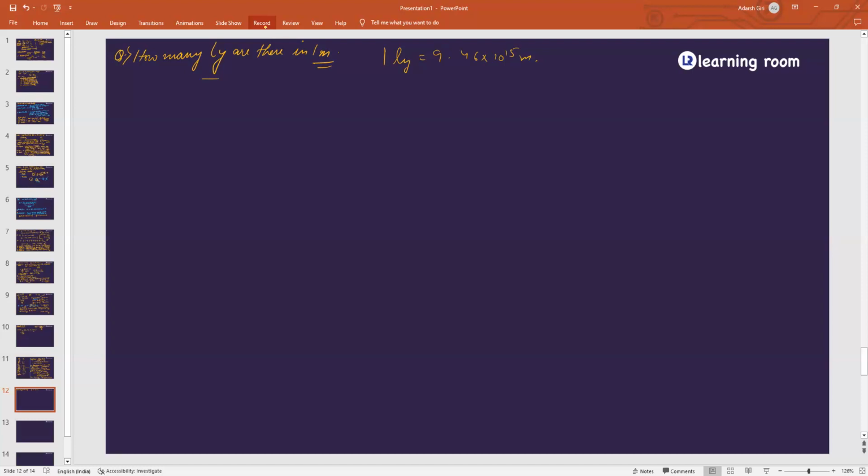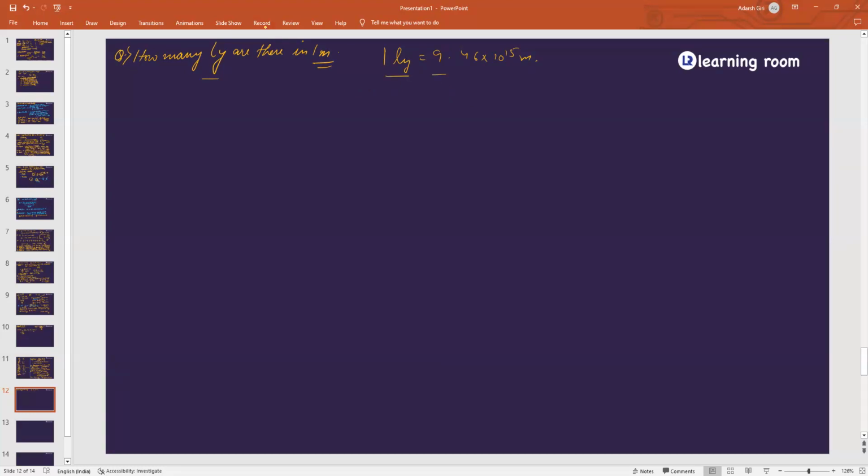1.07 into 10 power minus 16. That's correct. Actually, the answer is 1.05, but this is considerable. How did you do it? This was the simple unitary method.